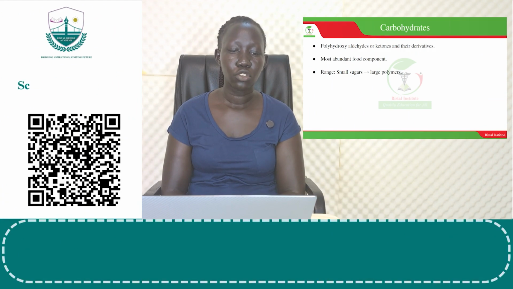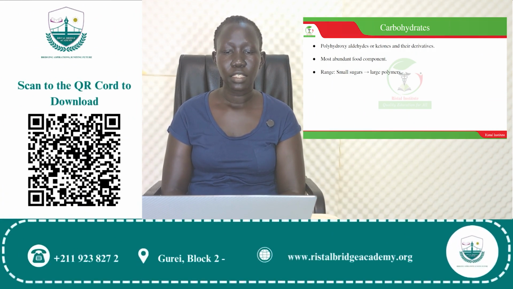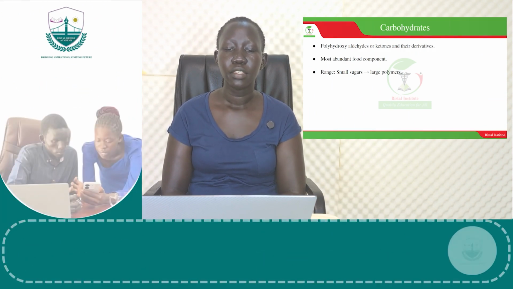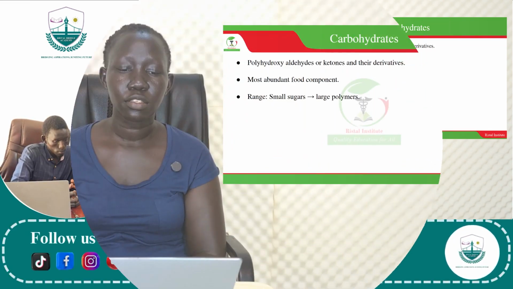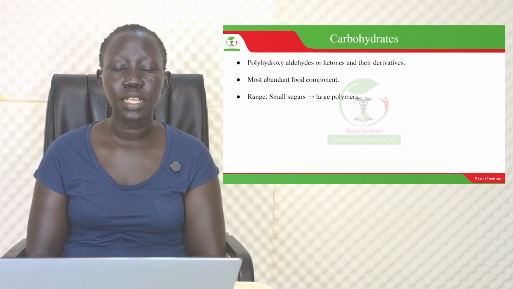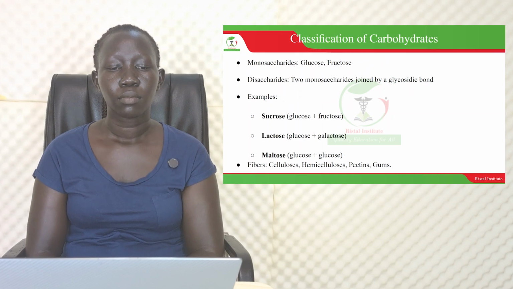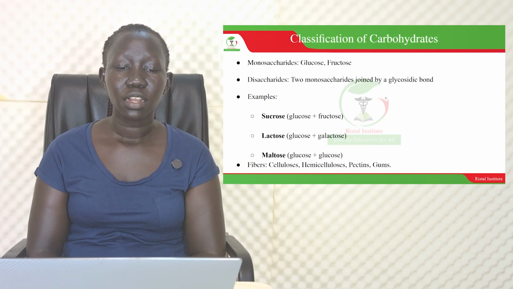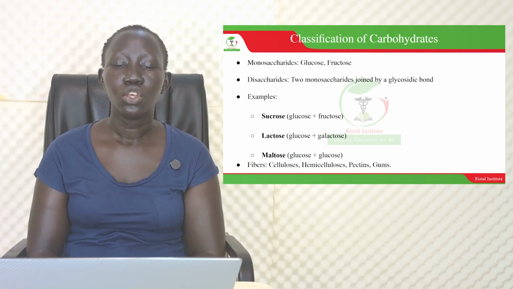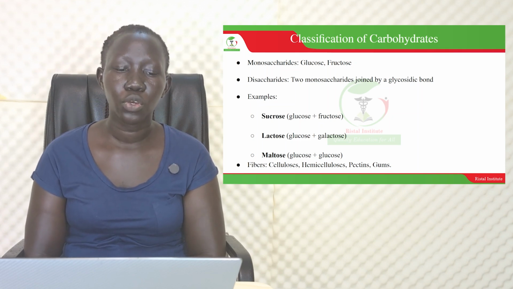We have the polyhydroxyl aldehydes or ketones and their derivatives. These are also very abundant in food components, and they can range from small sugars to large polymers. We have already talked about the monosaccharides. We also have the disaccharides, and these exist as 2 monosaccharides joined by a glycosidic bond.